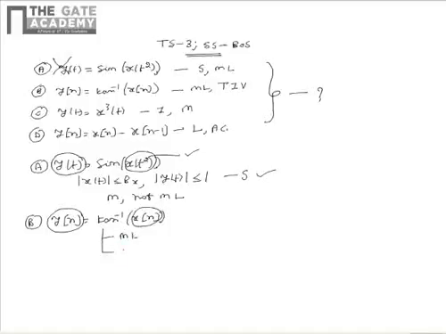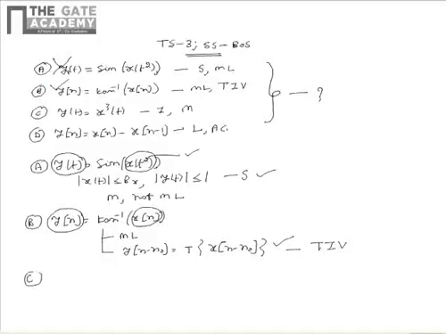Also, we can say that y of n minus n naught is equal to T of x of n minus n naught. This relation is satisfied for every input and for every n naught. So from this we can say that the system is time invariant. So option B is correct.